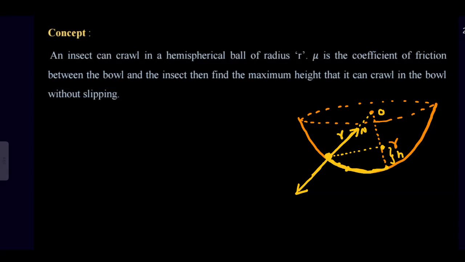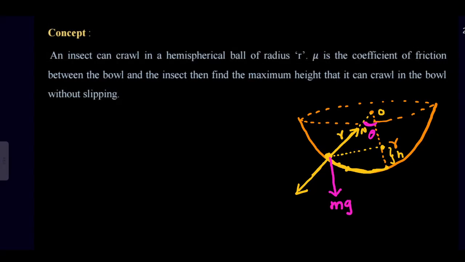Can you tell me how we can resolve this weight? If I call this angle theta, now tell me, this weight of the body is in the vertically downward direction.